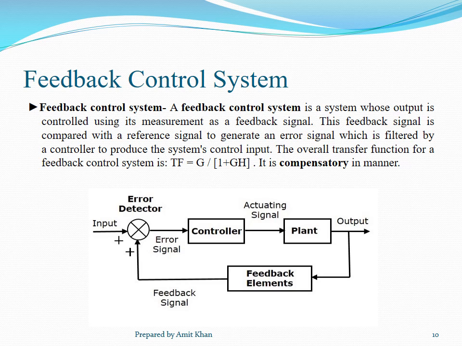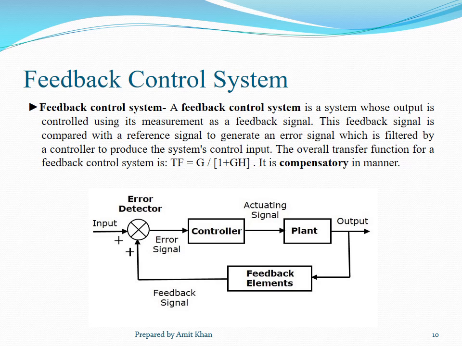The input, then error detector, then controller, then plant. Then from the output of the plant, one portion, called the feedback loop, goes to the error detector, and we generate an error signal. That signal is again passed to the controller, and from the controller it goes to the plant and then to the output. Until the error is 0, this process continues.